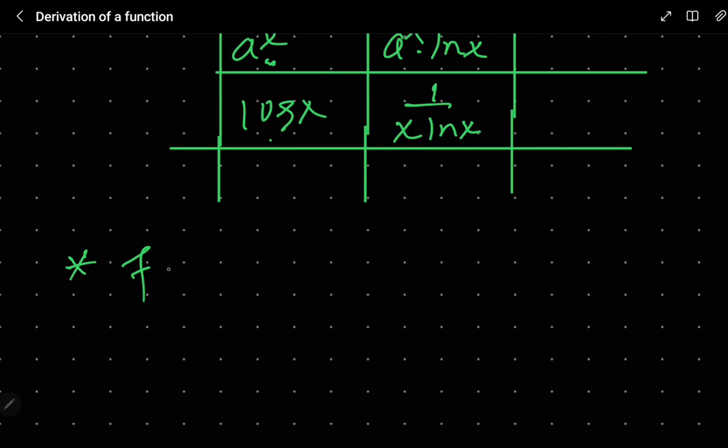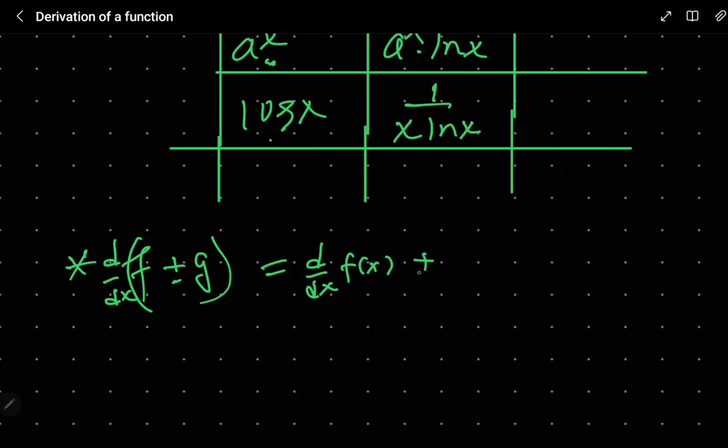If f is a function and g is a function, then the derivative of f of x plus or minus g of x is equal to the derivative of f of x plus or minus the derivative of g of x.